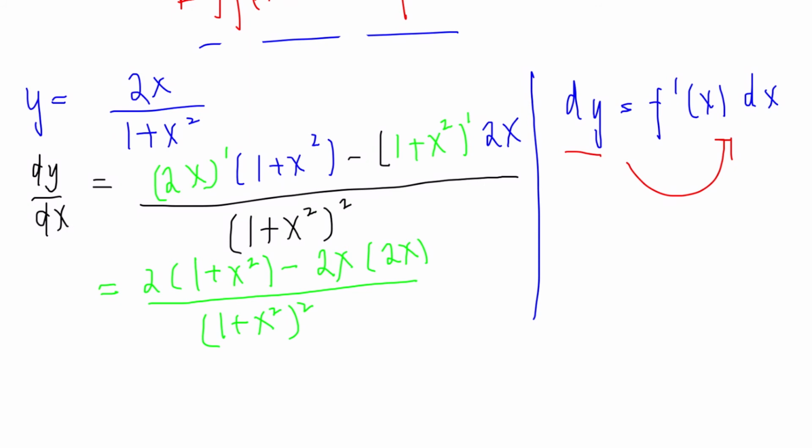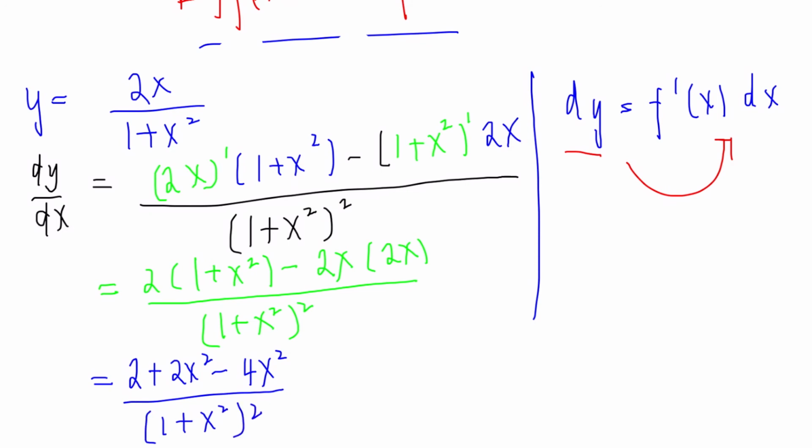Okay, now it is going to be much easier. So now we're just going to expand. So this is going to be 2 plus 2x squared minus 4x squared. Then we divide everything by 1 plus x squared and the whole thing raised to power 2.